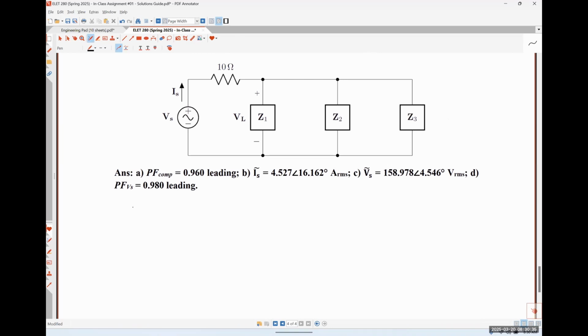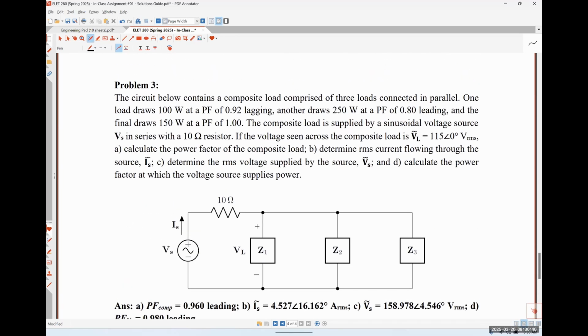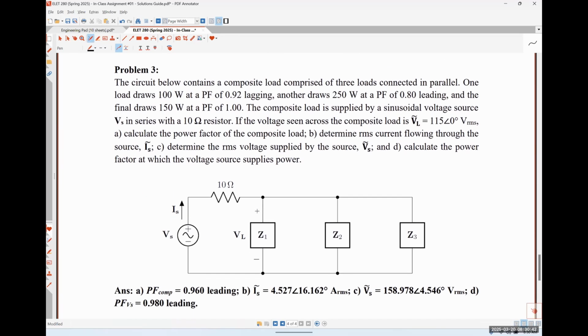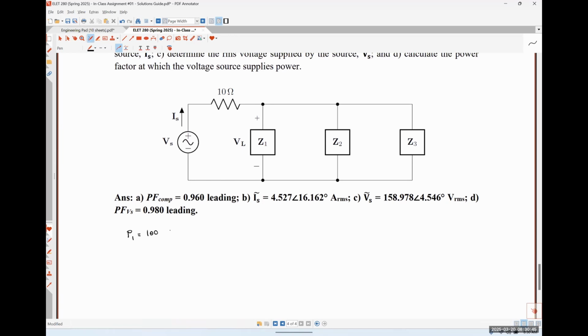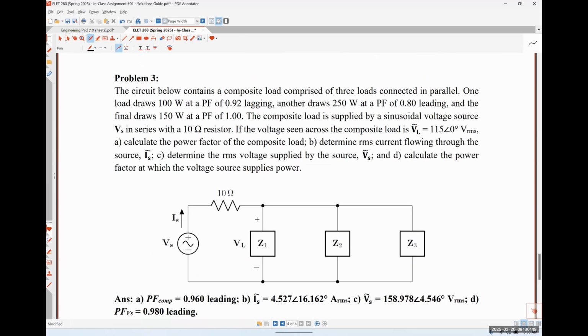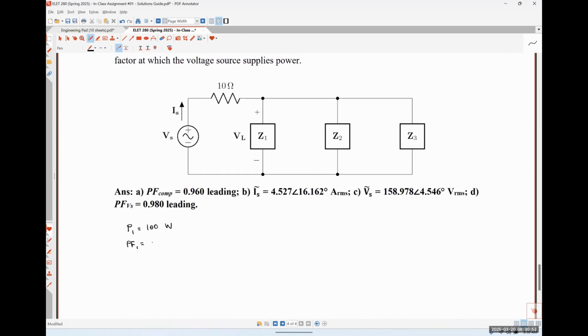So in our problem statement, we are told that P1 is 100 watts and the power factor for load 1 is 0.92 lagging. So how could we use those 2 pieces of information to determine the complex power absorbed by that particular load?